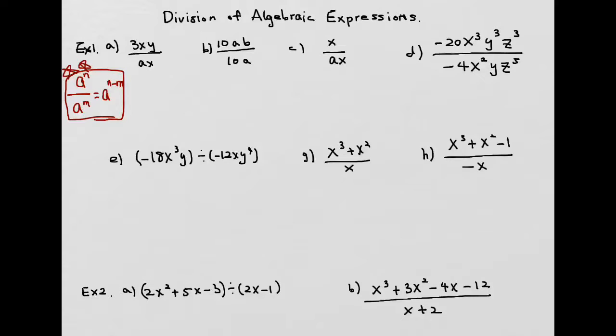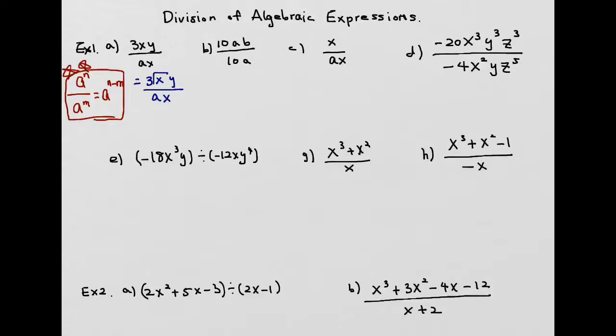With that in mind, let's see if we can do the first. Let me just write it again. We have 3xy over ax. If we look at this separately, we see the like terms on the numerator and denominator.